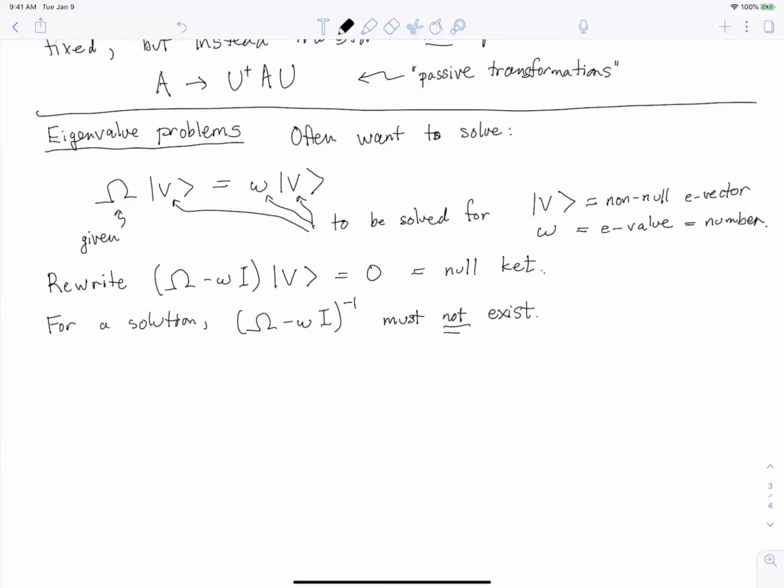And the reason we know this is because otherwise, if it were true, then I could act with this inverse operator on both sides, and I would get my ket v is equal to the inverse operator acting on the null ket. And anything acting on the null ket is the null ket. But I've just contradicted myself because I promised you that v was not the null ket. And so this is a contradiction.